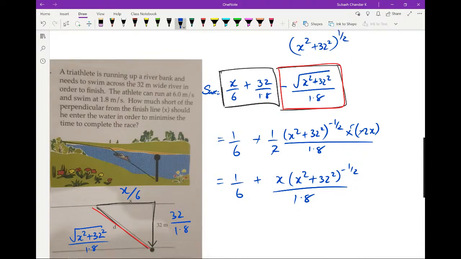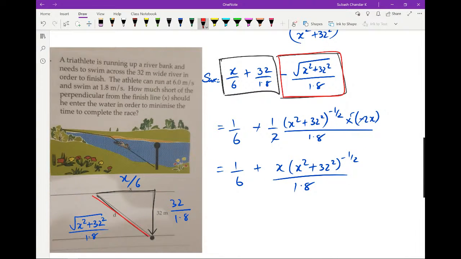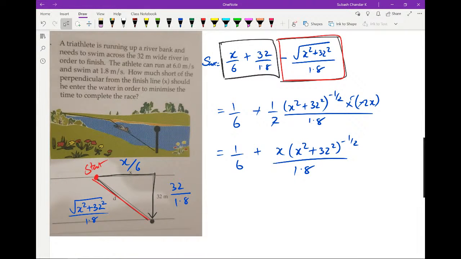So I think what I made a mistake was, you can kind of say that this was the start. So at this point, we're going to put 0 is equal to 1 over 6 plus x over 1.8 times x squared plus 32 squared to the power of positive half.